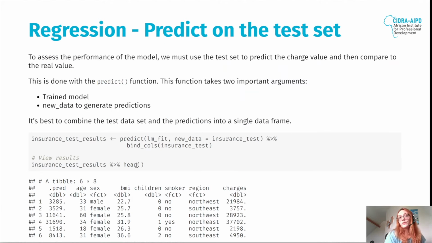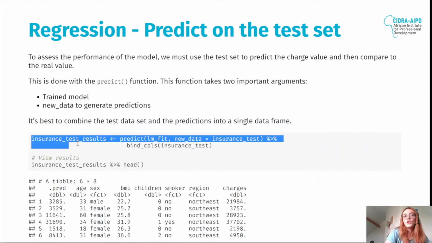So once you train the model, you actually apply the model to your test data, to your test set. We can do that by using the predict function that has two very important arguments. That is the trained model and the new data, so the test set that you actually want to generate predictions for. We can put everything into one single data frame so we can compare better. So you can see here I'm getting the results.